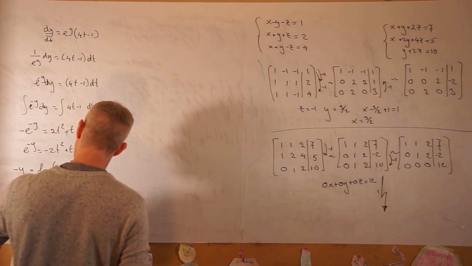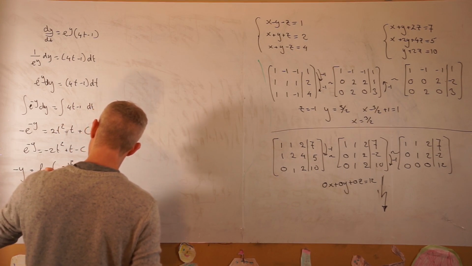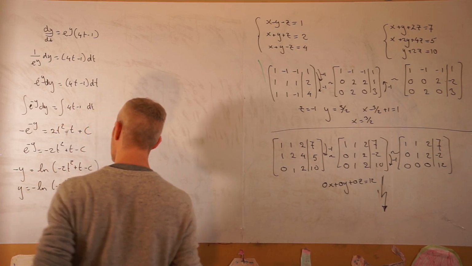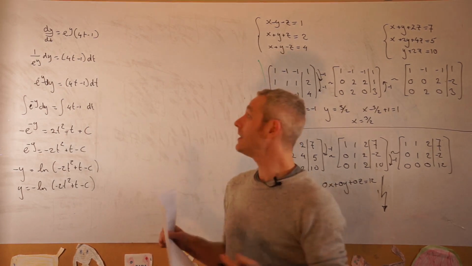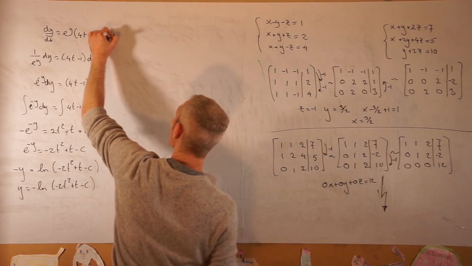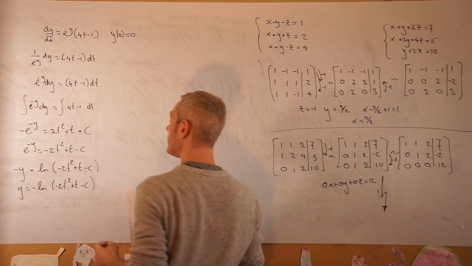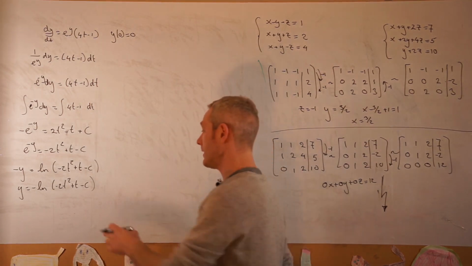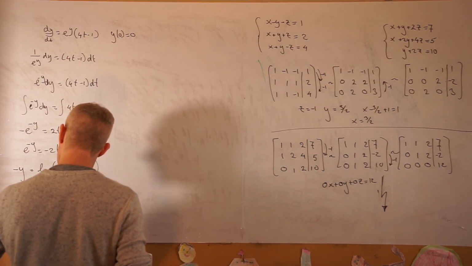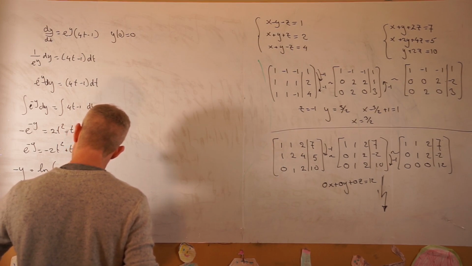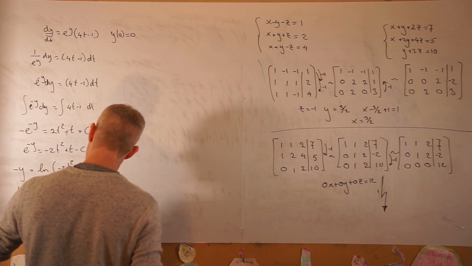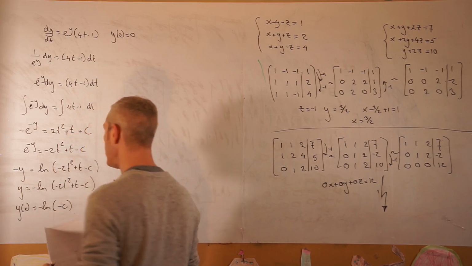y is minus ln of minus 2t squared plus t minus c. I had an initial condition where y(0) is 0, and let's fill this in. We get y of 0 is minus the ln of, well, minus c.